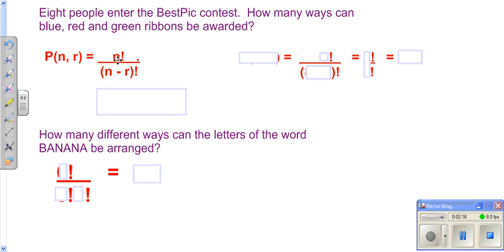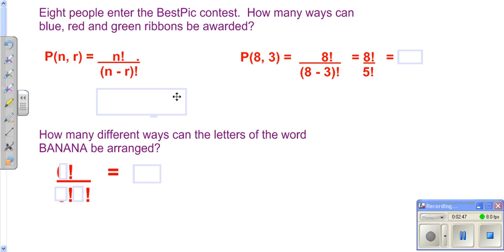Now, your permutation then, how many possibilities do you have to choose from? You have 8. How many are you selecting? You're selecting uno, dos, tres, 3. So, your formula then, your n correlates to 8, minus your r correlates to the 3, over 8 minus 3 on the bottom, which is a 5 factorial on the bottom and 8 factorial on the top.